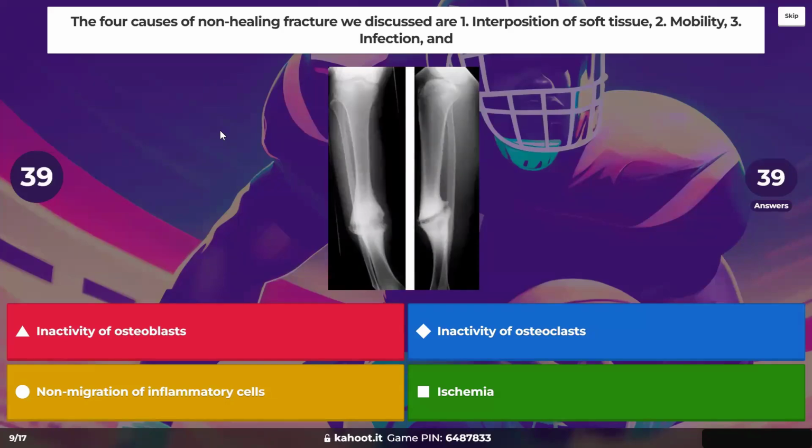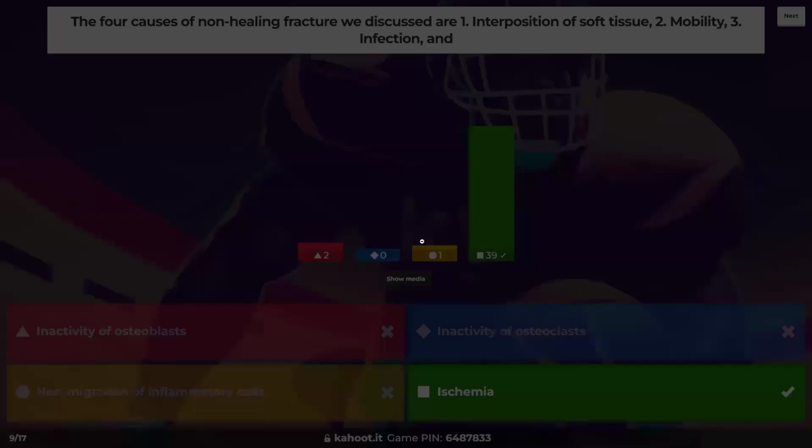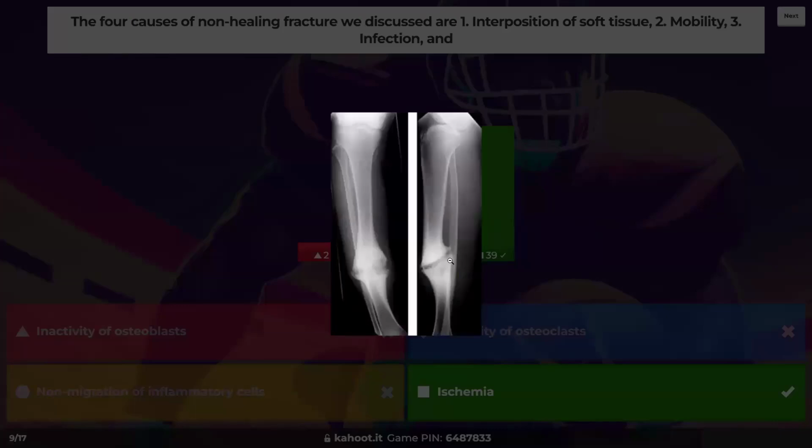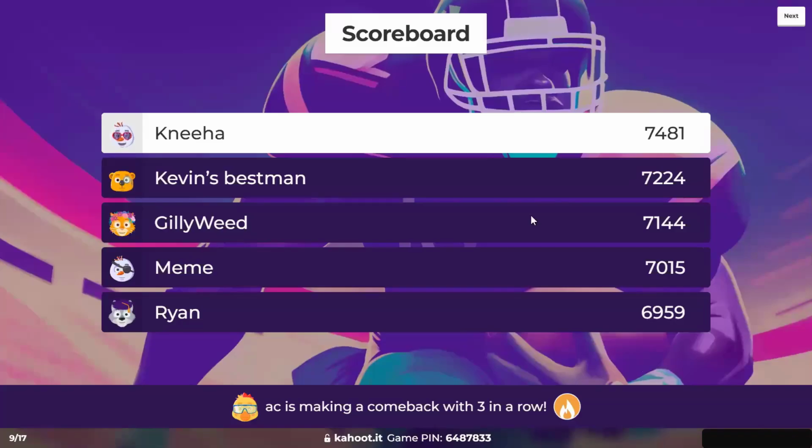Ischemia. Oh, most did get that. Ischemia is correct. This one looks more like maybe interposition of soft tissues. Staying the same here. Someone's gillyweed.